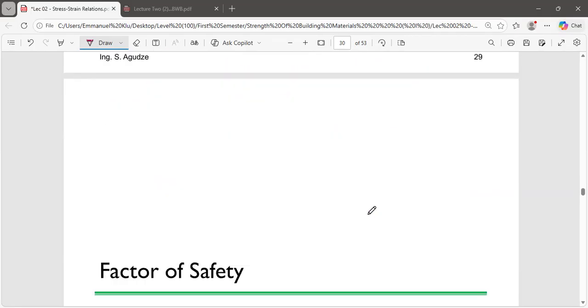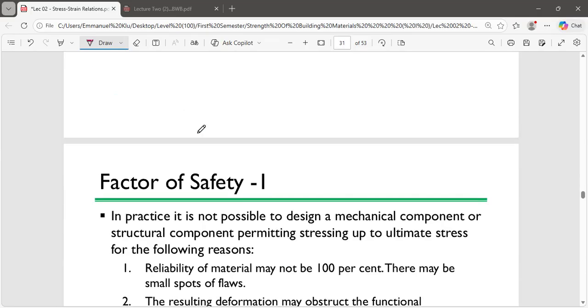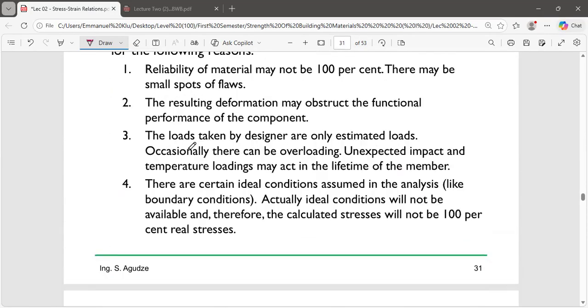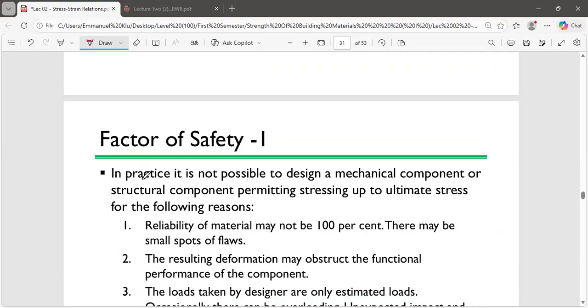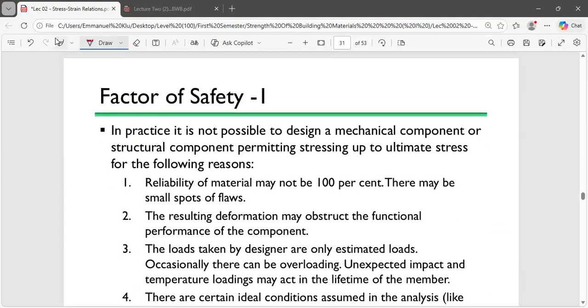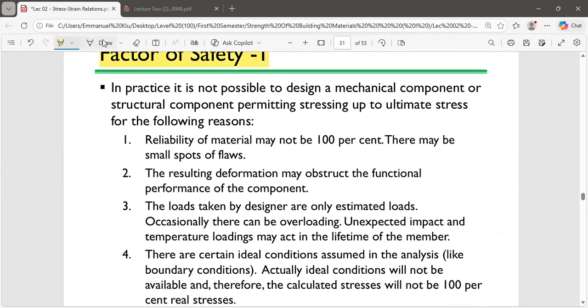All right. So let's look at our factor of safety. Factor of safety is very essential. So let's look at factor of safety one. In practice, it is not possible to design a mechanical component or structural component permitting stressing up to ultimate stress for the following reasons.